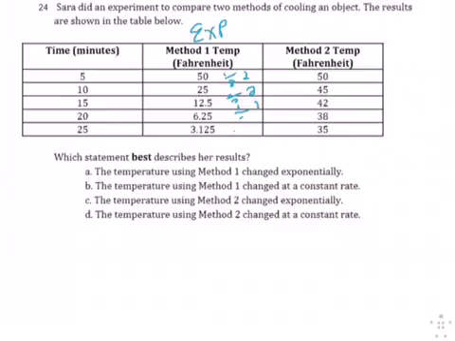If you look at method 2 and check the change, it looks like from 50 to 45, if I subtract 5, that works. That was my mistake. It is subtract 5.